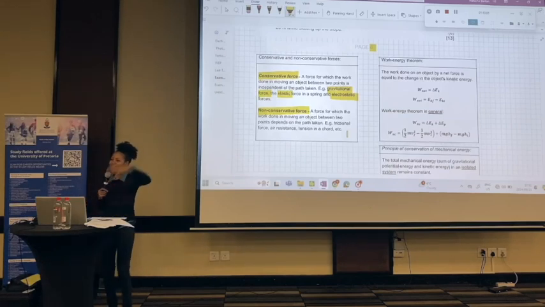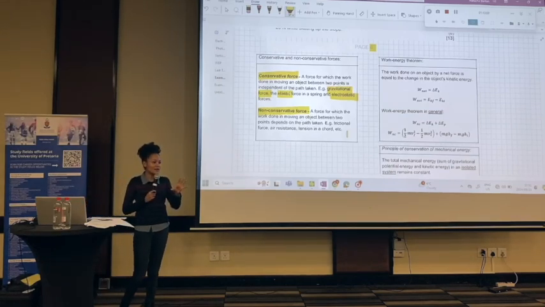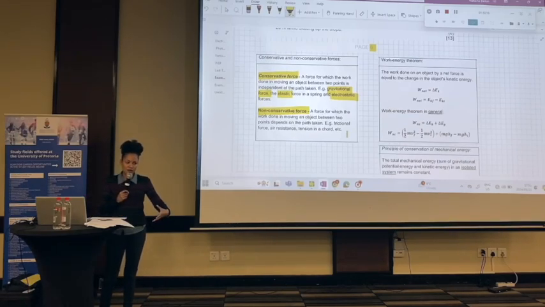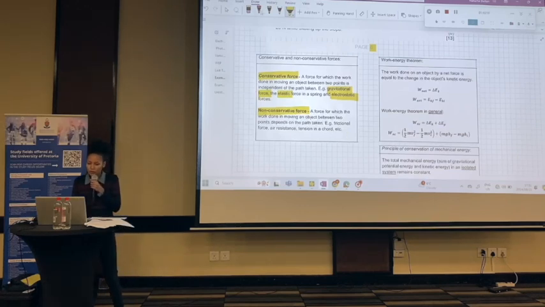So based on history, I would say you guys must remember the following. If the only force doing work on the system is Fg, then you are dealing with what we call an isolated system. Enter the pendulum.